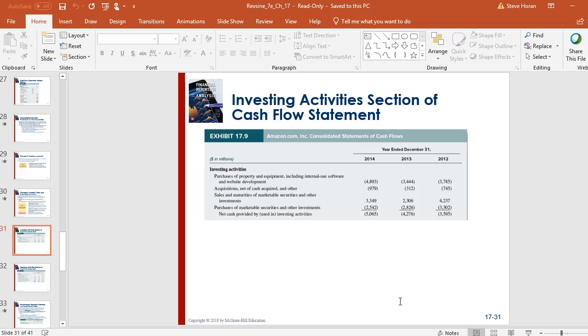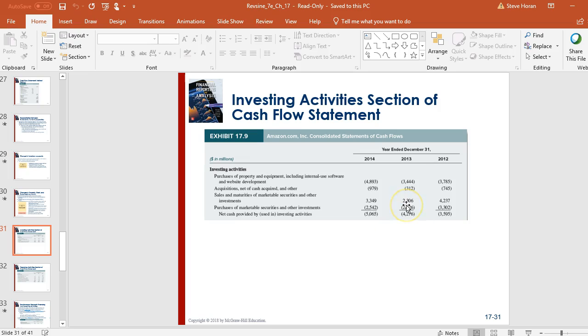Remember that the investing section deals with property, plant, and equipment and investments like marketable securities, like stocks and bonds. So this is showing us a 3-year look of the investing section for a specific company here. This is for Amazon. And this is typically negative also, so don't be shocked, especially with a company that's growing like Amazon.